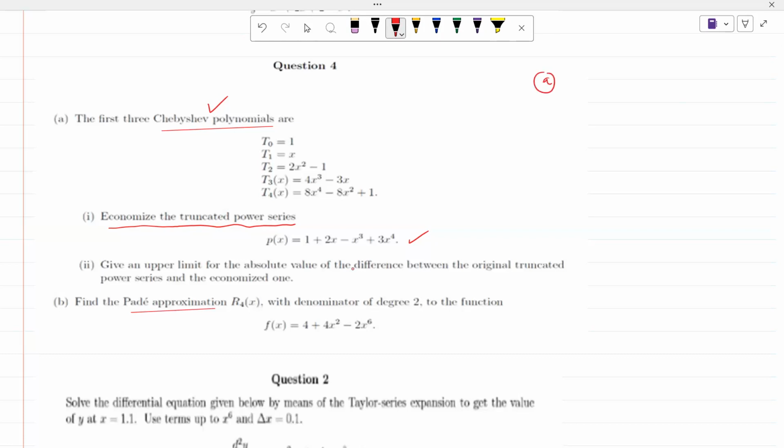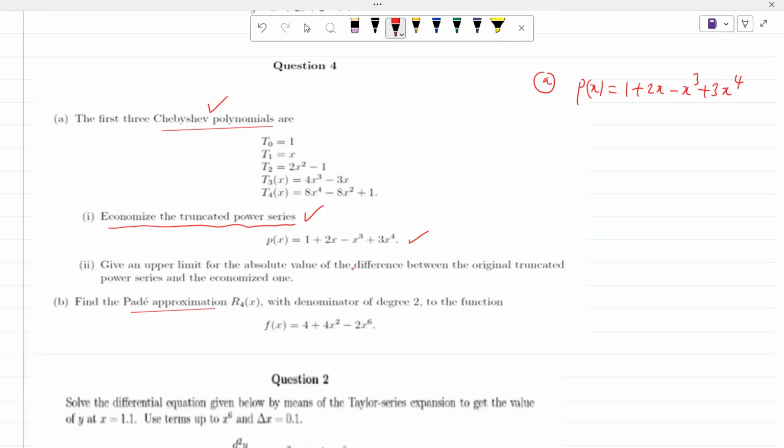The given truncated power series is p of x, which is 1 plus 2x minus x cubed plus 3x to the fourth power.